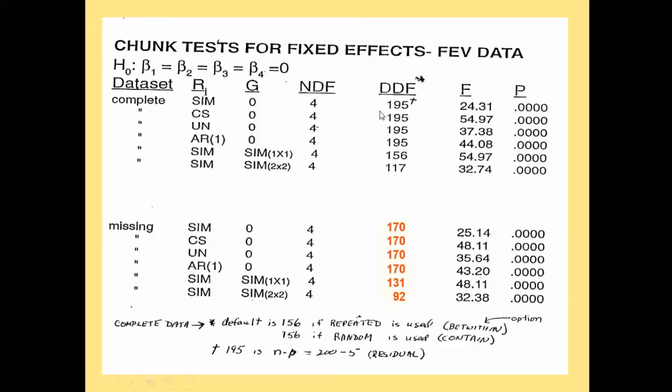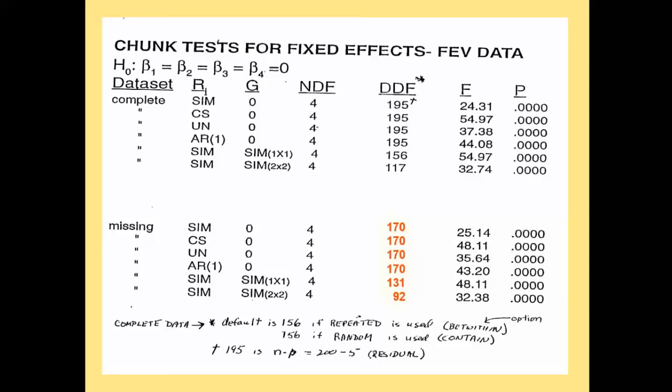That's a way the computer will give you a denominator degrees of freedom corresponding to this so-called residual way of doing it. But Proc Mixed allows you to compute the denominator degrees of freedom other ways, and it's a little confusing to know which one to use. So I'm going to give you some advice.